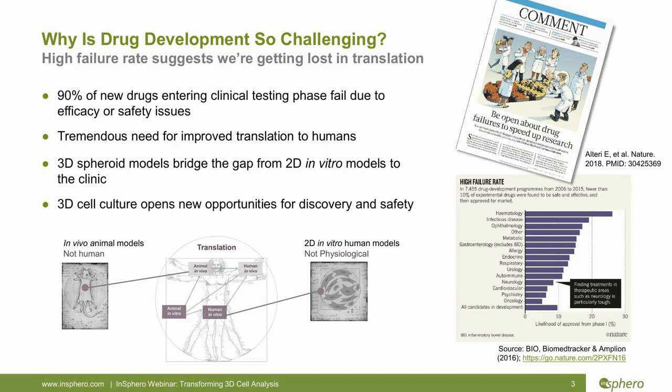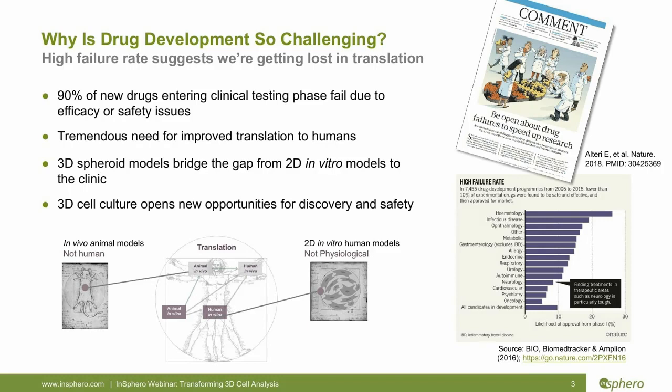Despite significant advances in humanizing mouse models, mice are still not humans. They don't develop the same diseases or respond to drugs in the same way as humans. And the most widely used 2D models are human, but they're not physiological, meaning they don't behave like integrated multicellular tissues, and in many cases they no longer resemble, at either the morphological, functional, or genomic level, the primary cell from which they were derived.